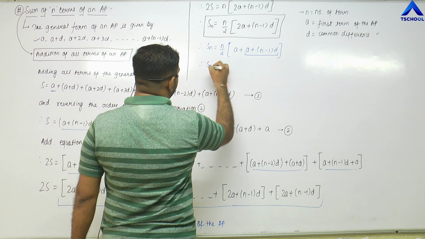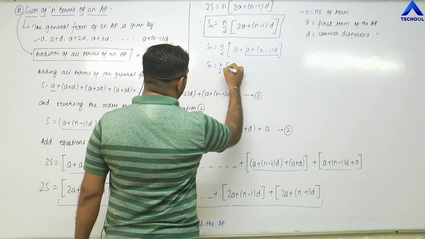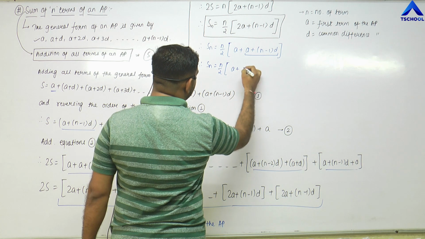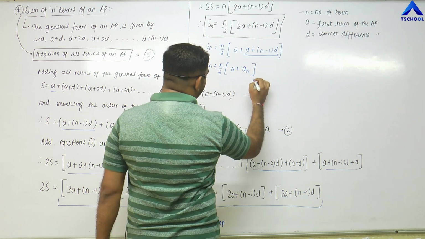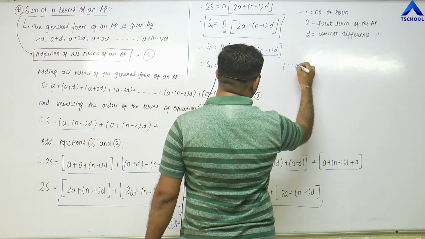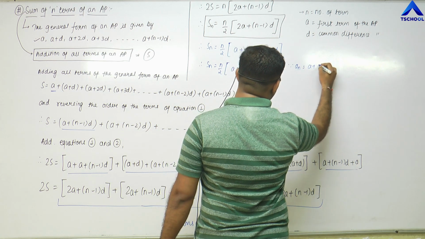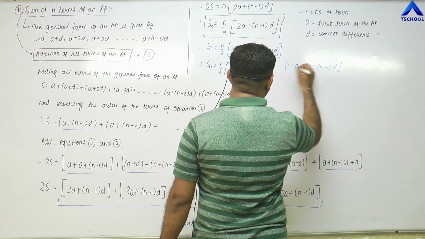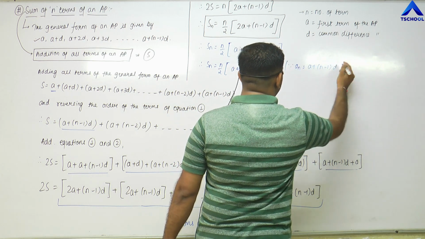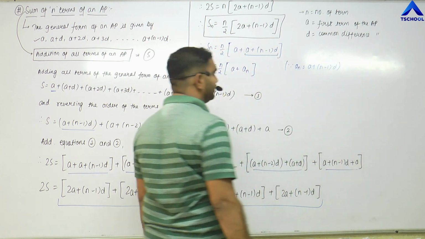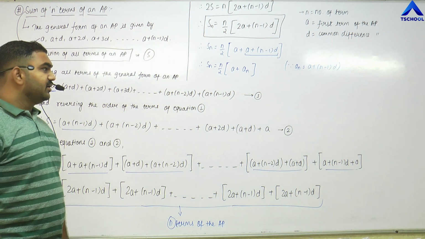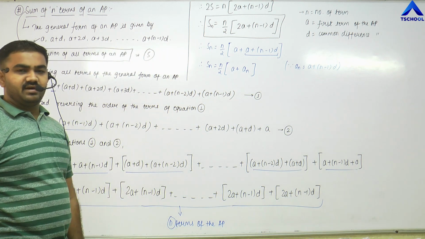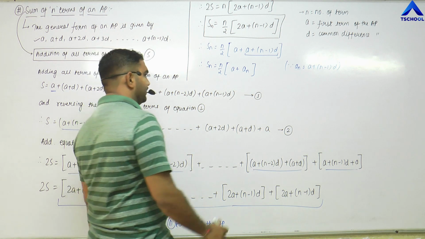Therefore, Sn equals n by 2 into, can I write it as a plus an, because an equals a plus n minus 1 into d, right? An equals a plus n minus 1 into d, the formula to find out the nth term of an arithmetic progression.